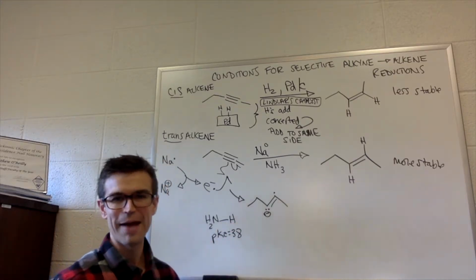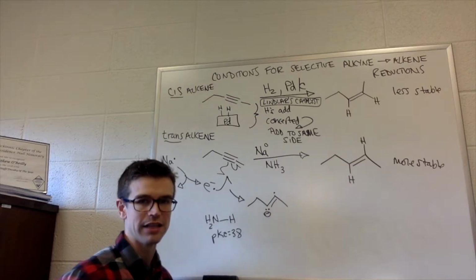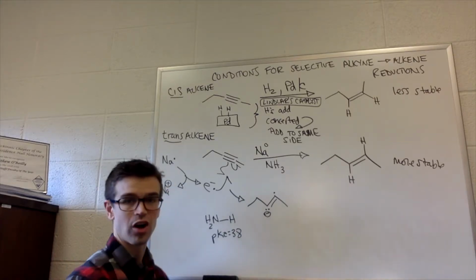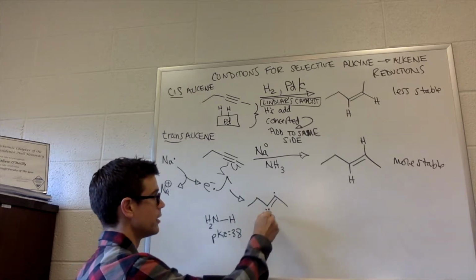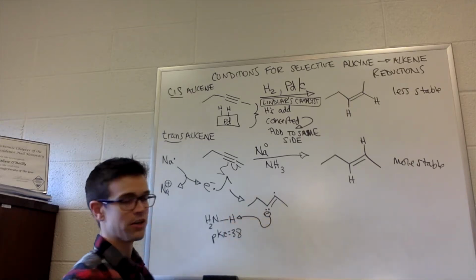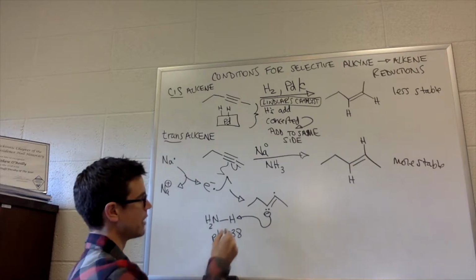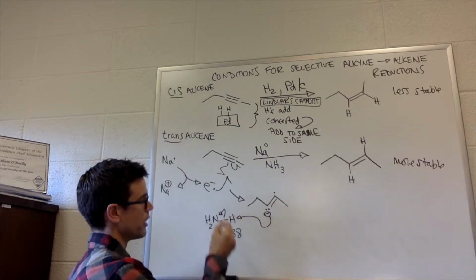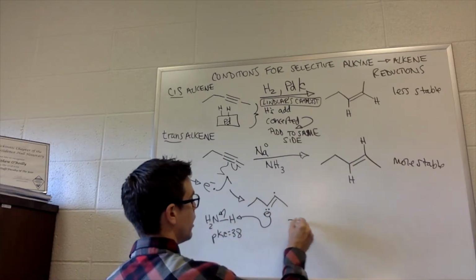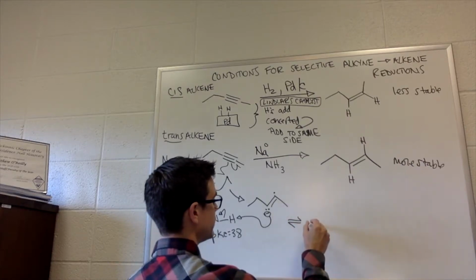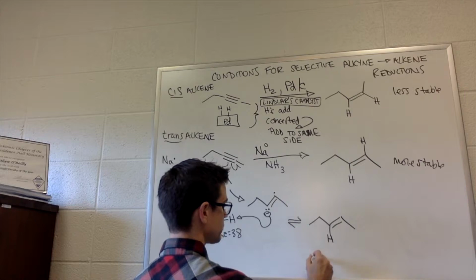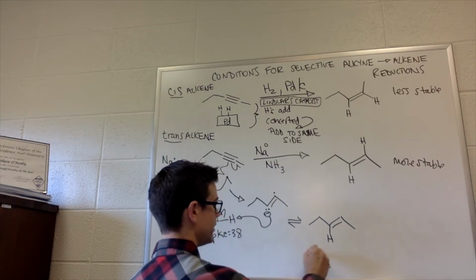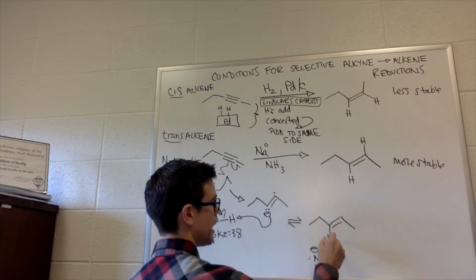So what has to happen next is an acid-base reaction. Anytime we have electrons that are nucleophilic, that are basic, if there's an acid around, they're going to be attracted to the partial positive on that hydrogen, and they're going to protonate from that acid. So if we look at the equilibrium between this, we now have NH2 minus, and we have this hydrogen here.